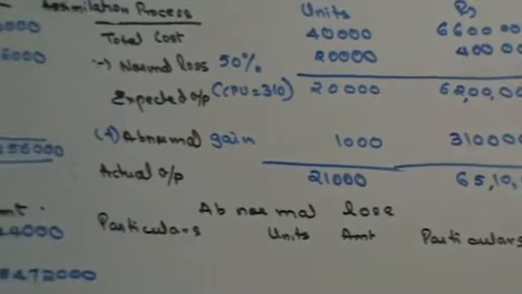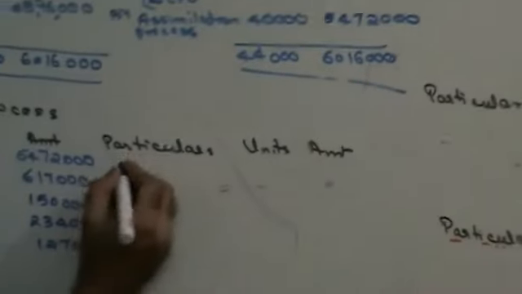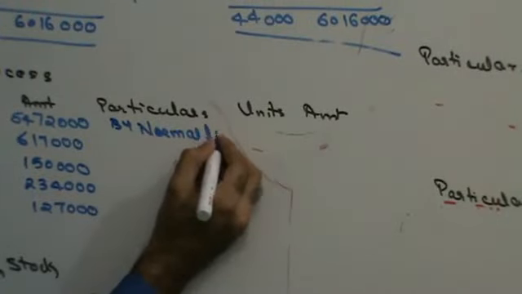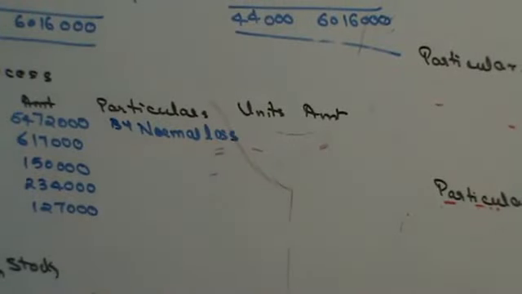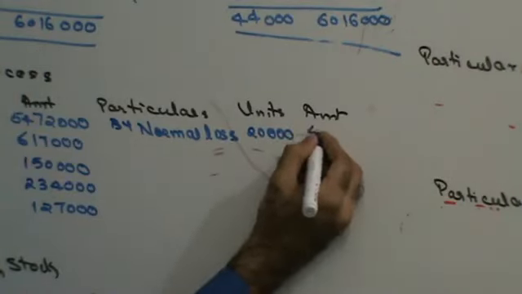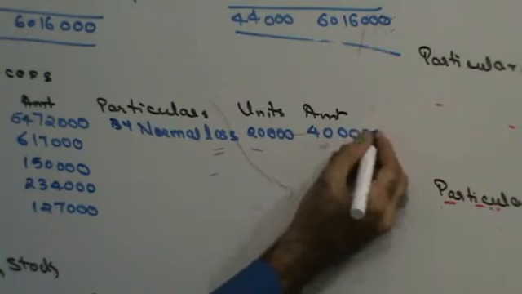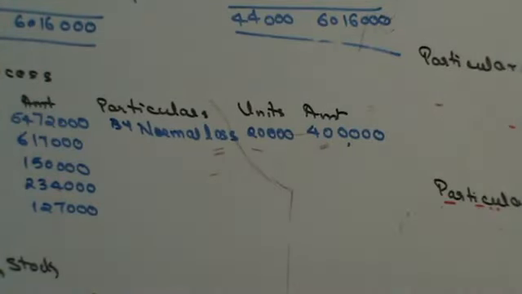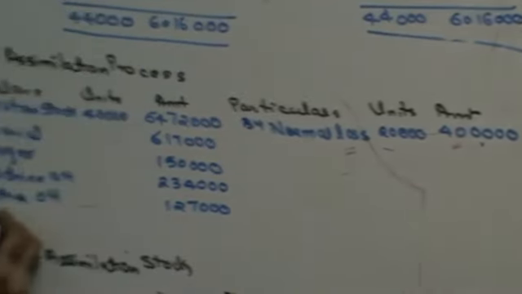Okay, let's transfer this. So if you transfer this, this is going to be by normal loss. Normal loss is 20,000 units and 4 lakh rupees. Abnormal gain is to be written on the debit side, to abnormal gain.